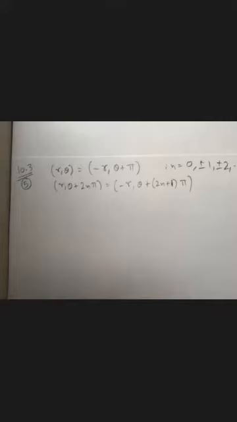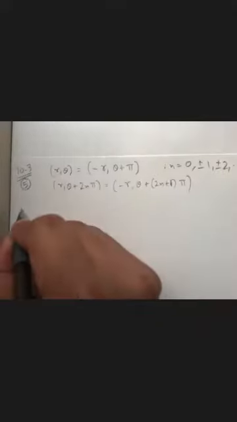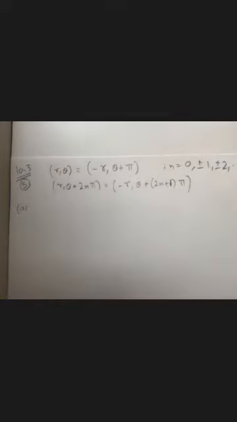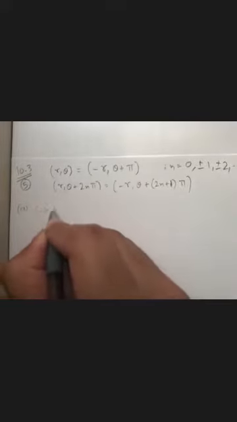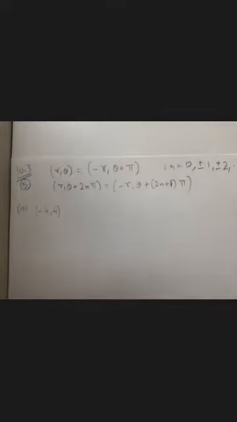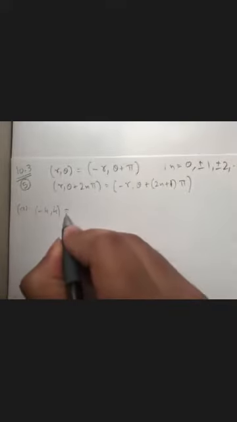So let's do problem 5. The Cartesian coordinates of a point are given, and we have to find the polar coordinates of the point where r is greater than 0 and then r less than 0. So what is given to us are Cartesian coordinates.